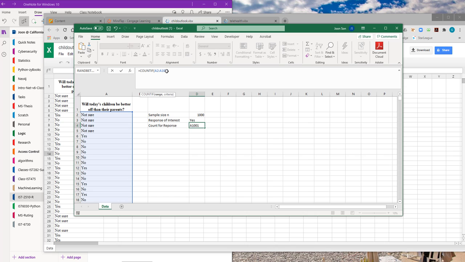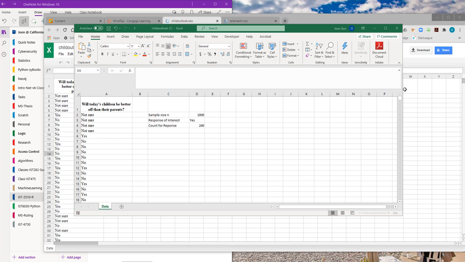Then we need to count how many yeses, so after a comma comes the response of interest, yes. The result is 240. Among 1,000, 240 people said yes.